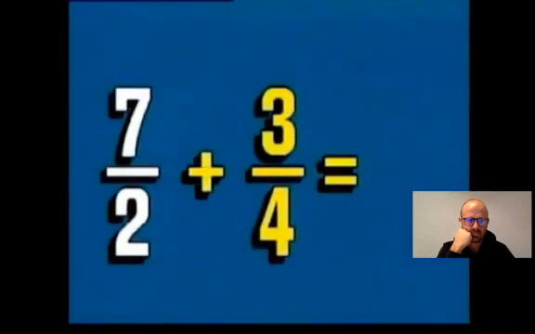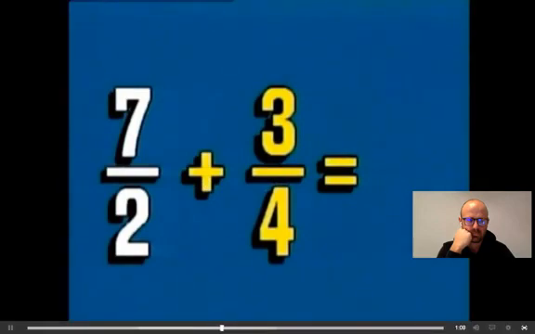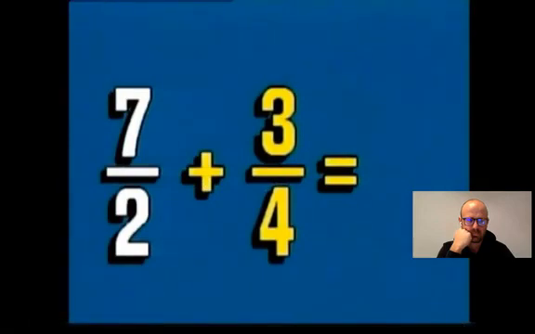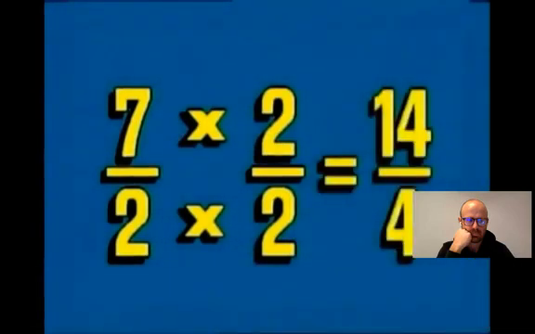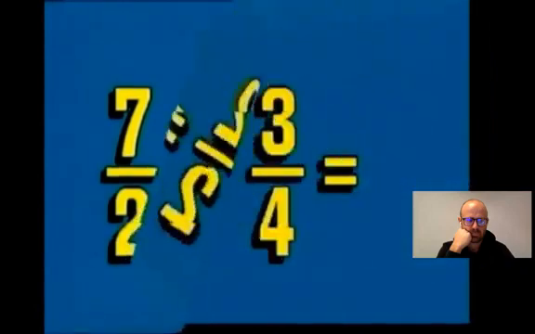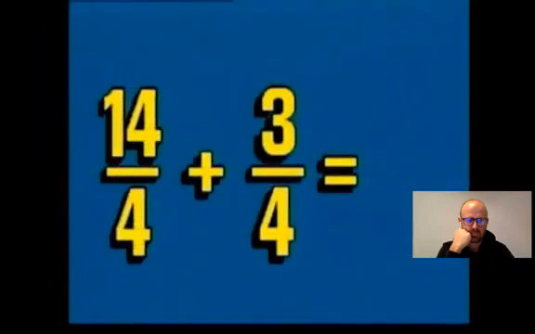Can we change 7 halves to an equivalent fraction with 4 as the denominator? Yes. We can multiply 7 halves by 2 over 2, which equals 14/4. In the problem, we substitute 14/4 for 7 halves. Now we have a common denominator.